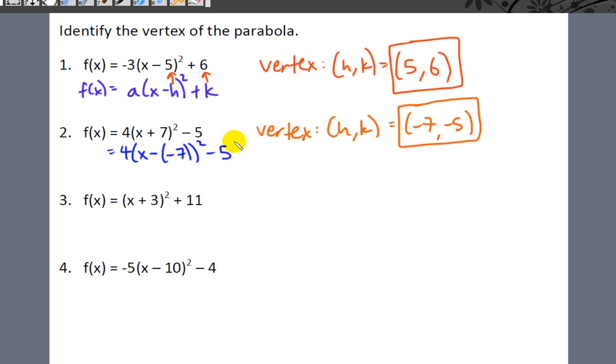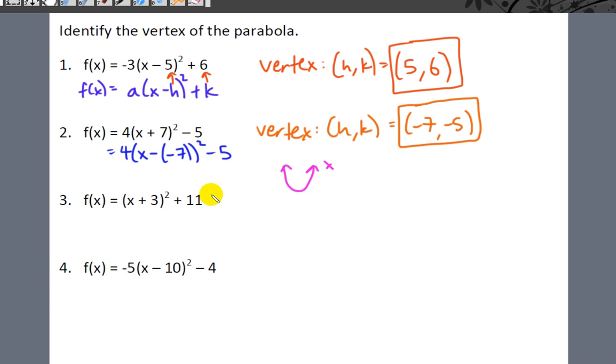If you want to think about this in the context of transformations, you can think of your parent function, which is x squared. The plus 7 here says that this graph is going to be shifted 7 units to the left, so it's going to be here. The minus 5 says that this graph is going to be shifted 5 units down, so this comes down here.